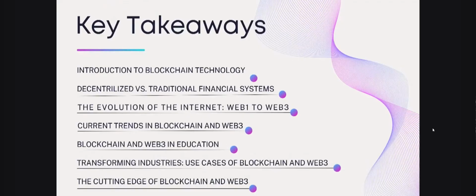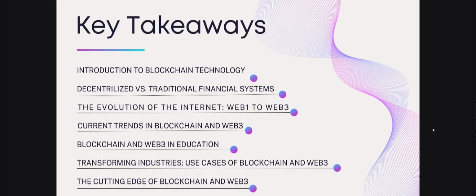First, these are some key takeaways that we'll see. First, what is the blockchain technology? What does decentralized versus traditional financial systems mean? How we are evolving the internet from Web 1 to Web 2 to Web 3.